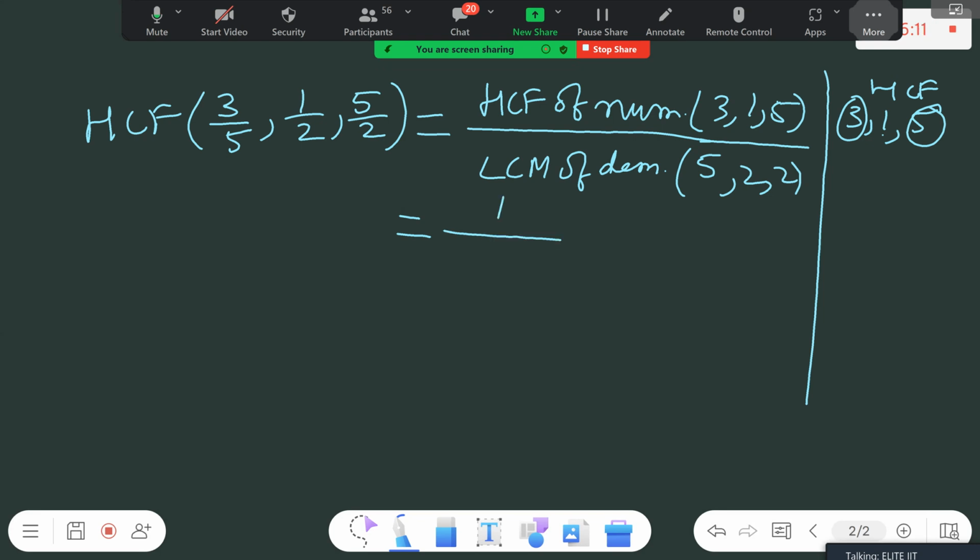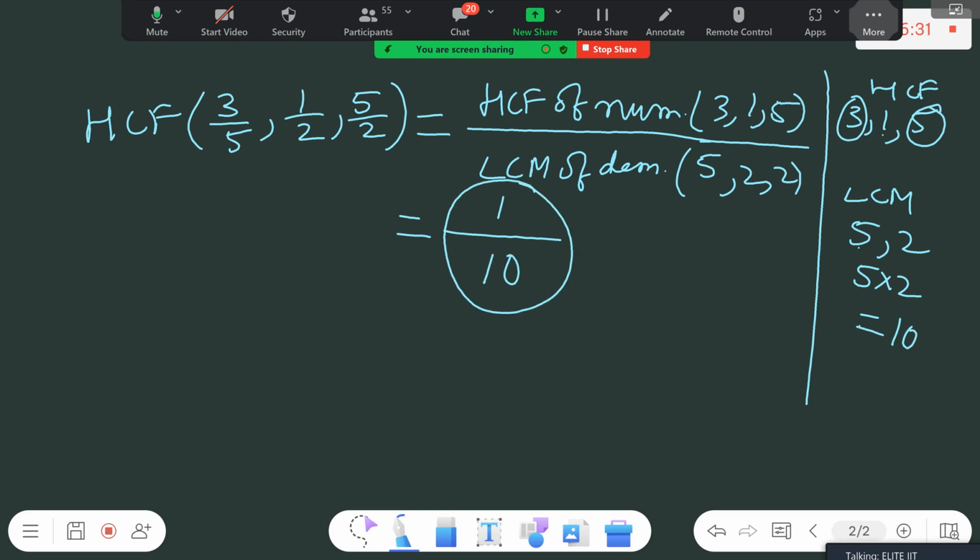And what is the LCM of 5, 2 and 2? Basically 5 and 2 only. 5 and 2 are co-prime numbers. Their LCM is 5 into 2, 10. So your final HCF answer is 1 by 10, isn't it? Similarly, you can find the LCM of 3 fractions.